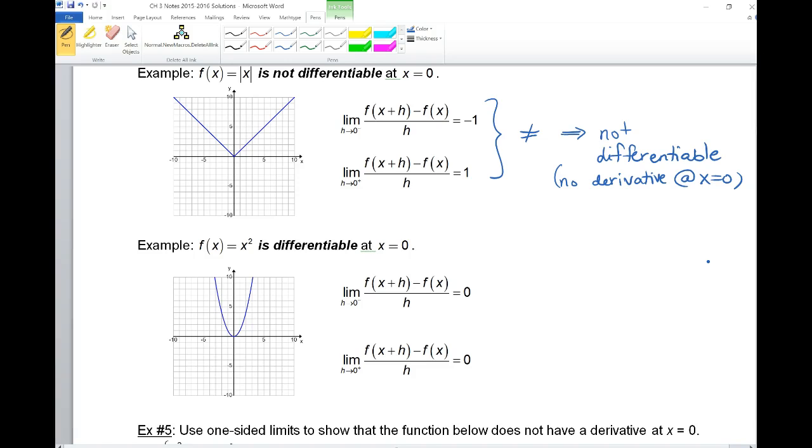Yeah. It's the same. So it is differentiable at x equals 3. Yes. What about negative 5? Yeah, it's differentiable there also. We haven't learned that yet.